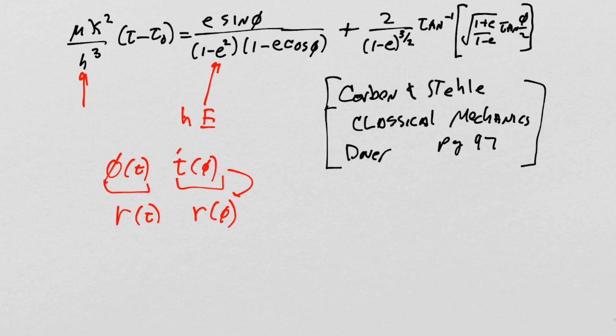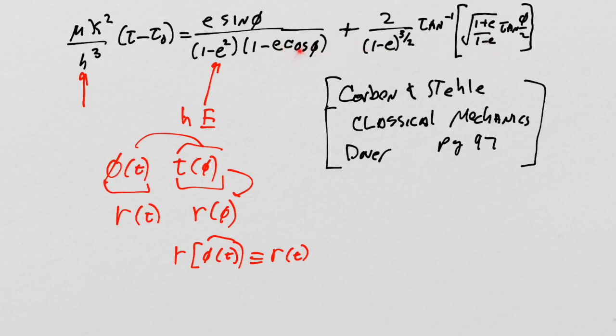We would need to invert this, so it's still very, very hard. So we can have r of phi of t is r of t. Now we don't explicitly have phi of t because inverting this is impossible, as far as I know.